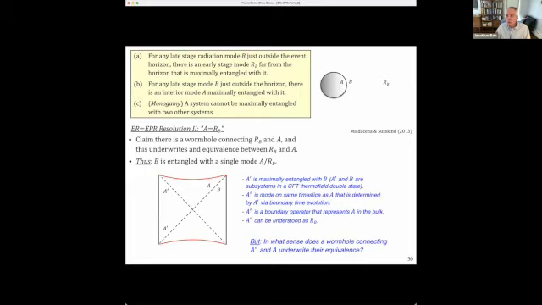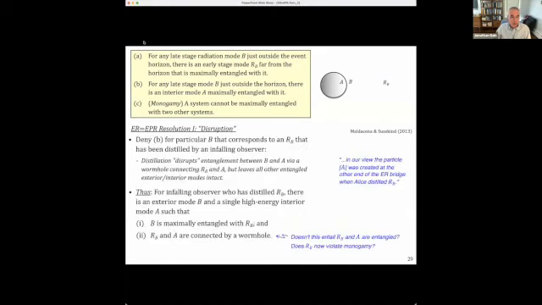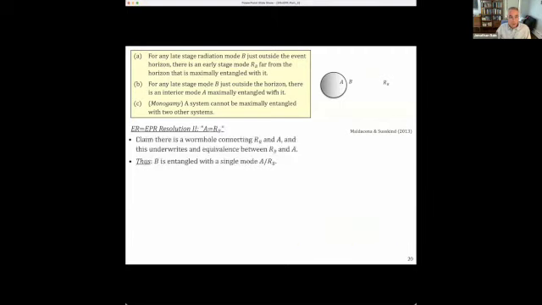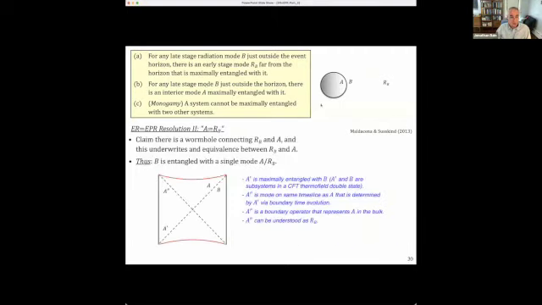Okay, so two versions of the ER equals EPR proposal to resolve the firewall paradox. One observation here is that these different versions are distinct, right? The disruption version denies the second claim in the yellow box, whereas the A equals RB version accepts the second claim.